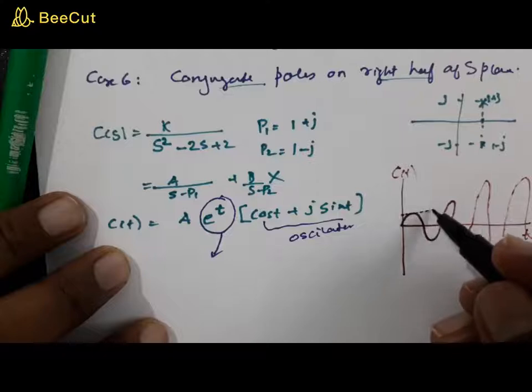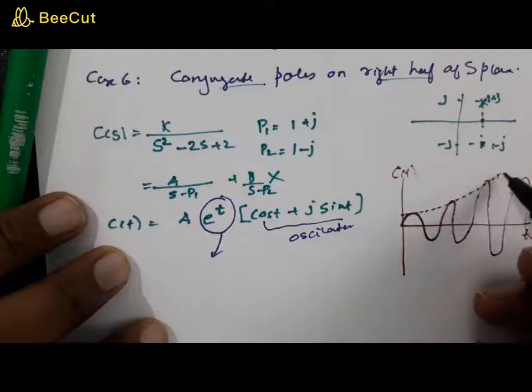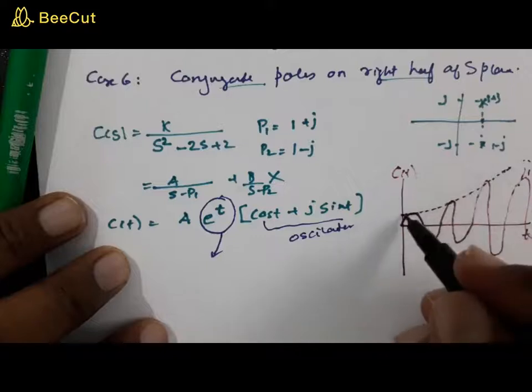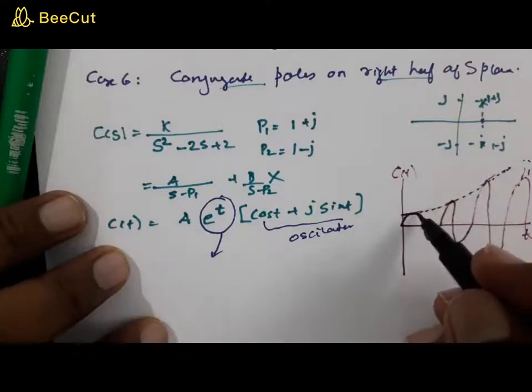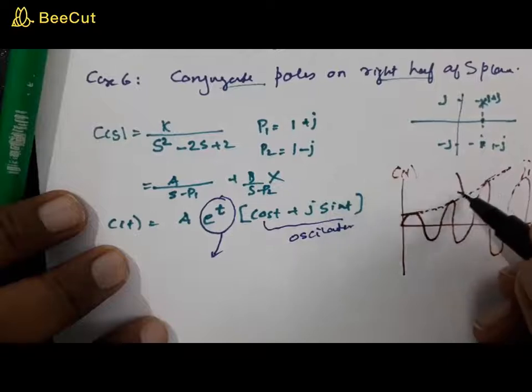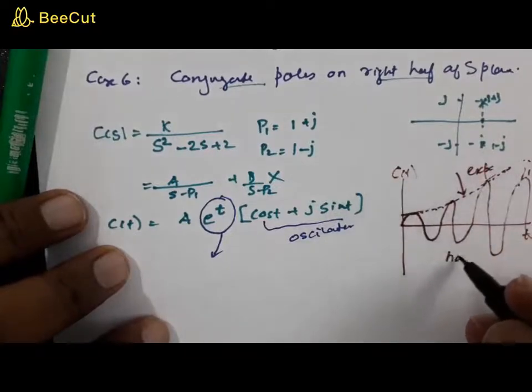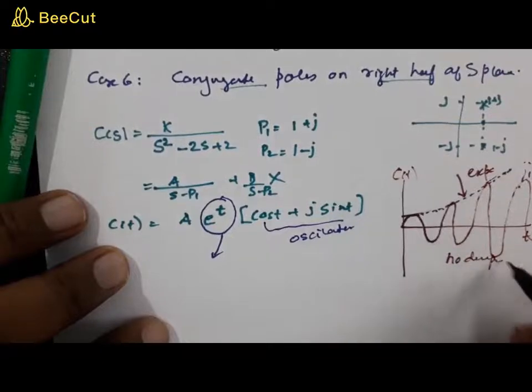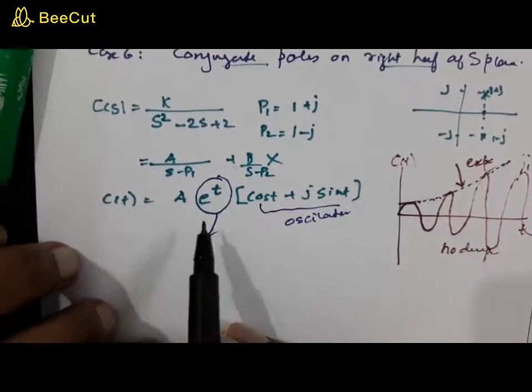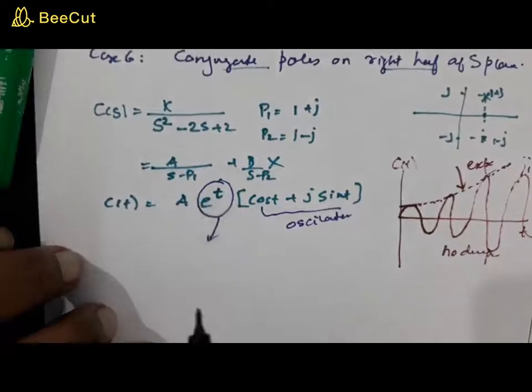Okay, so look at this. What do you see? The oscillation increases exponentially. Or you will say that there is no damping, or the reverse of damping is taking place because of this e raised to t.